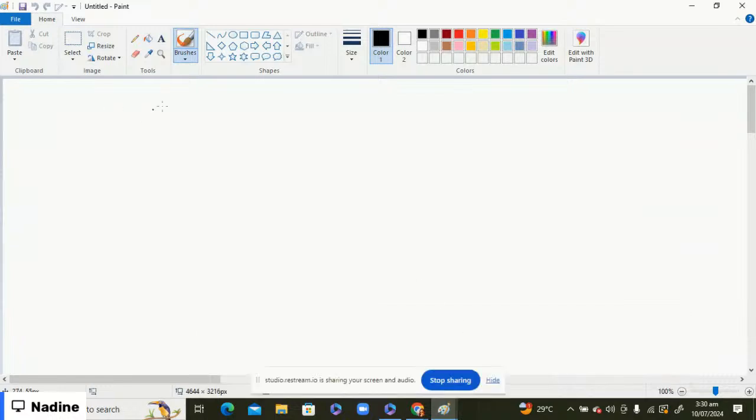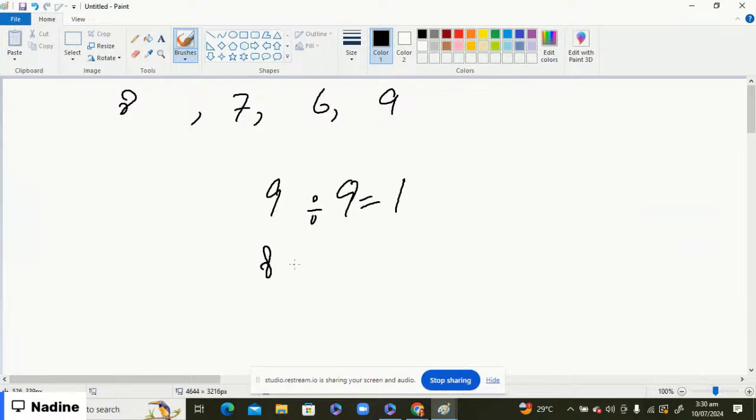If there is a number like 8, 7, 6, any number, when you divide it by itself, then you get the answer 1. Otherwise you are not able to get the answer 1. Like 9 divided by 9, you get the answer 1. Then 8 divided over 8, you get 1. Then 7 divided over 7.